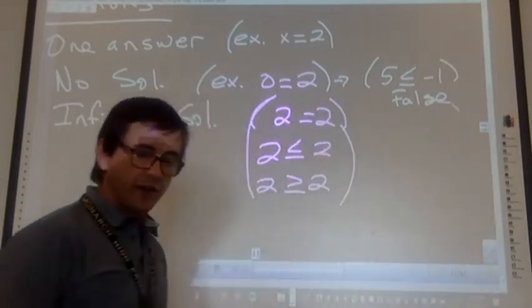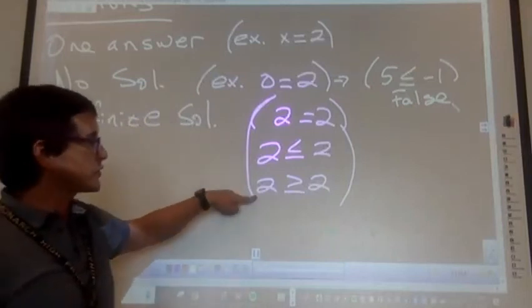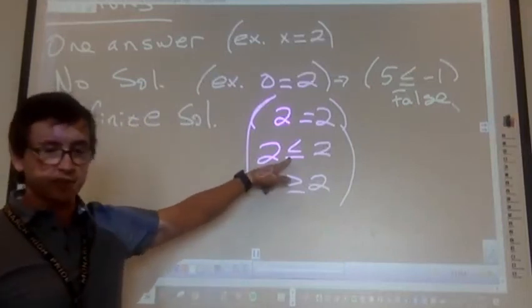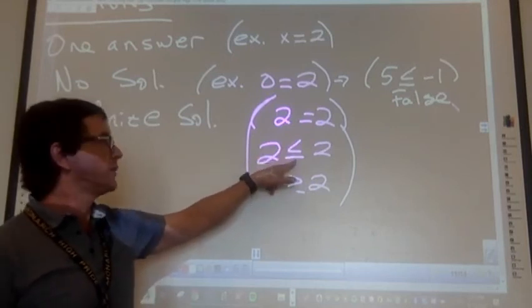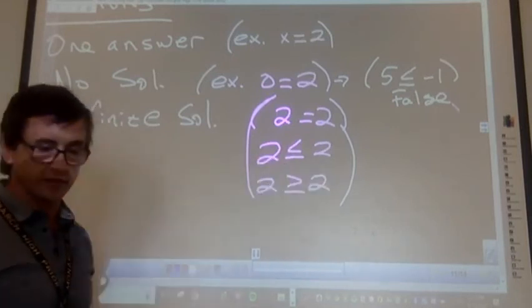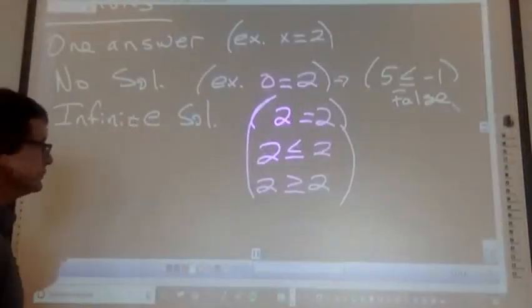So if it makes a false statement, that tells you that it's no sol. These are true statements because 2 does equal 2. So it doesn't matter that it's not also less than, but 2 equals 2, so that's why it's infinite solutions. Okay, so good idea to keep all that stuff straight.